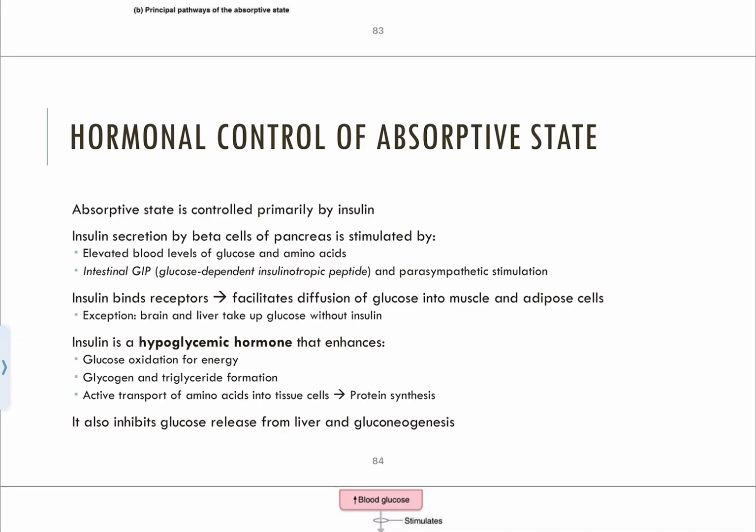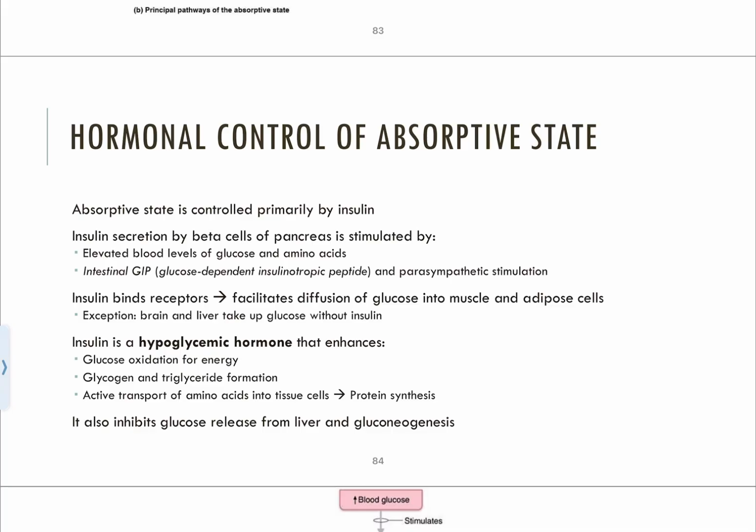But the goal is to have insulin release, because insulin is going to bind to receptors and facilitate diffusion of glucose into our muscle cells and our adipose cells. The one exception is going to be our brain and our liver, which take up glucose even if we don't have any insulin being released.